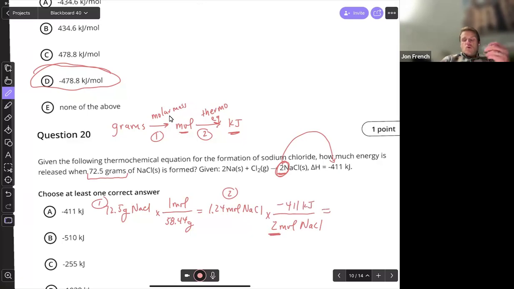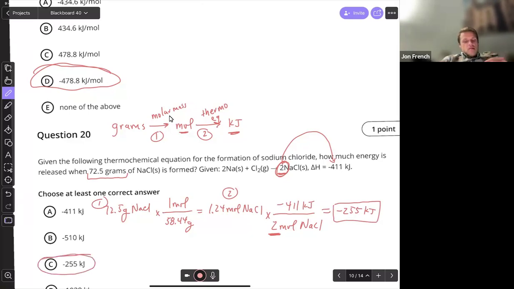We've got less than 2 moles, so we should have less than 411 kilojoules of energy being released. So multiply that by 411, and I get something like 255 kilojoules of energy would be released in this reaction.